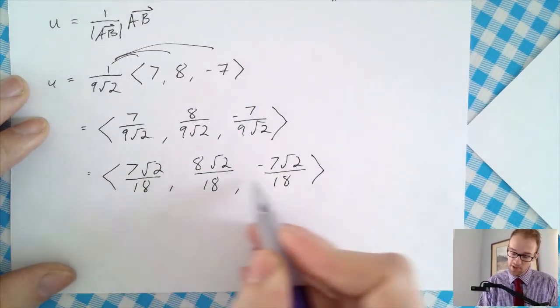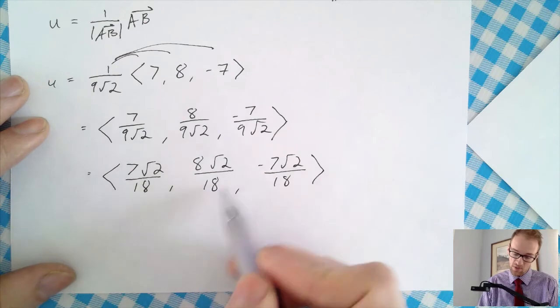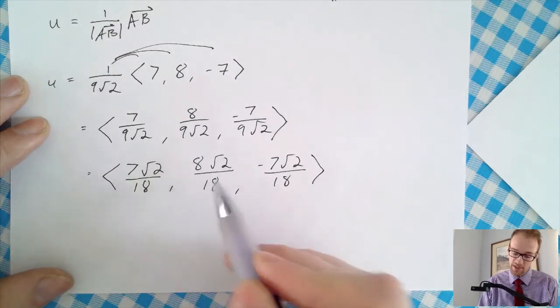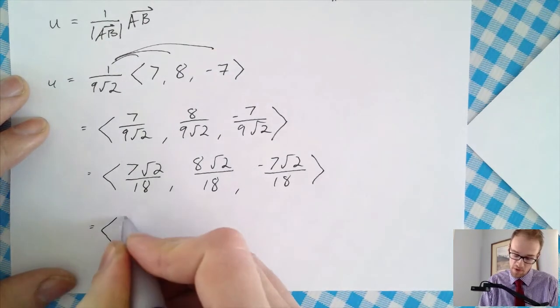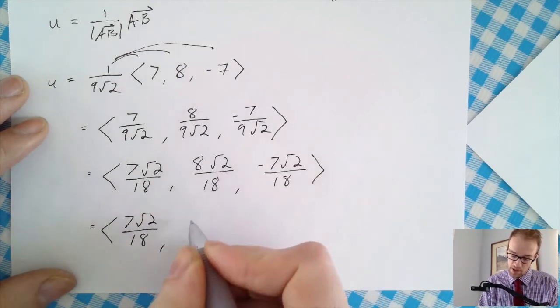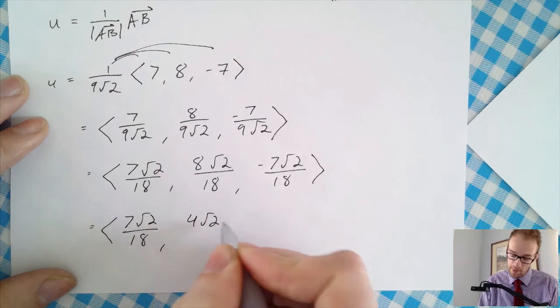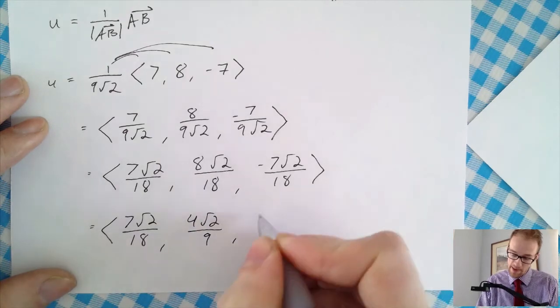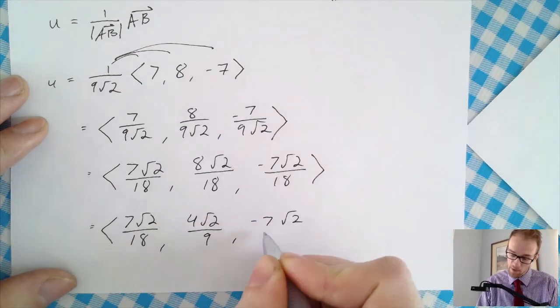And the only one of these that simplifies is this y component, because 8 and 18 have a common factor of 2. So 7 root 2 over 18. This would become 4 root 2 over 9. And negative 7 root 2 over 18.